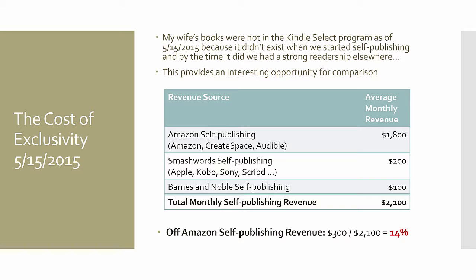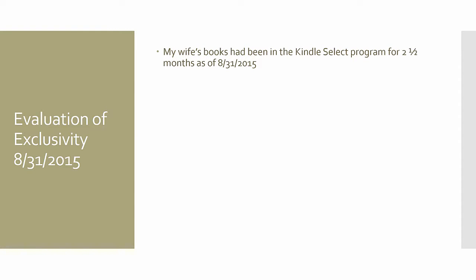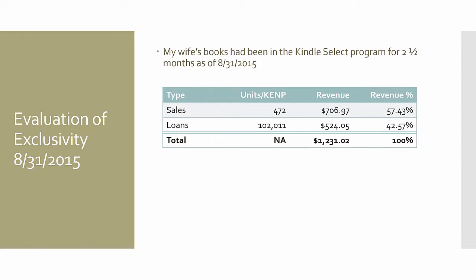Now, let's do an evaluation of exclusivity, because soon after that, I entered Melanie's books into the Kindle Select program. So 2.5 months as of 8/31, she had been in the program. And here are some of the results. First, her sales for this particular month were 472 units or books, for which she received $706.97.